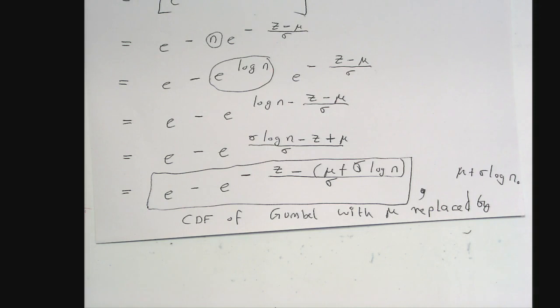So from this you can see the distribution. It looks like you have n lambda in place of lambda. I'm not sure whether you got this right. Yeah, you have n lambda. So in place of lambda you have n lambda.